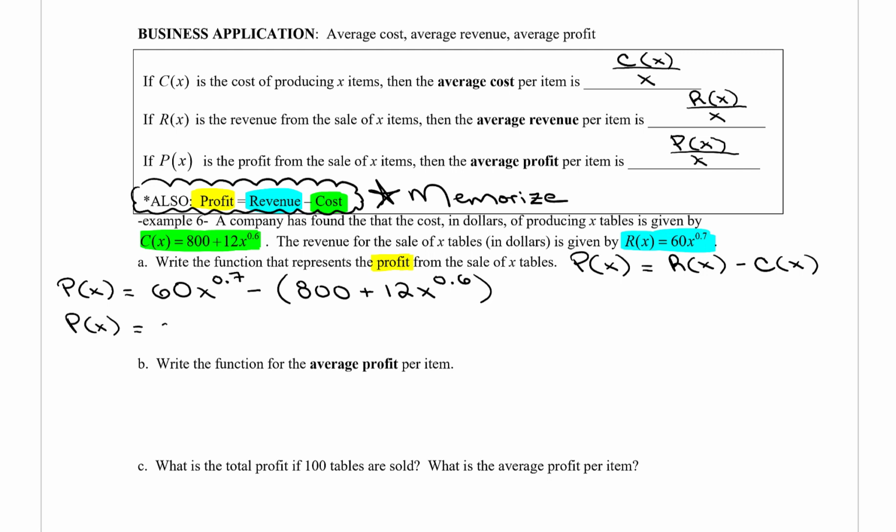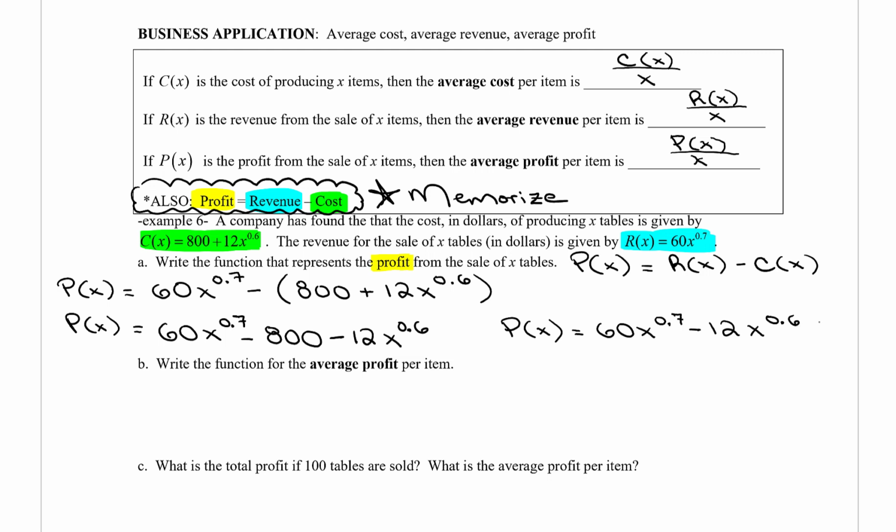So I'm going to have P of x equals 60x raised to the 0.7 power minus 800. And then we're going to distribute to the 12x raised to the 0.6 power, so it'll be minus 12x raised to the 0.6 power. So this is going to represent our profit function. P of x equals 60x raised to the 0.7 power minus 12x raised to the 0.6 power minus 800, and I'm going to box that function in.